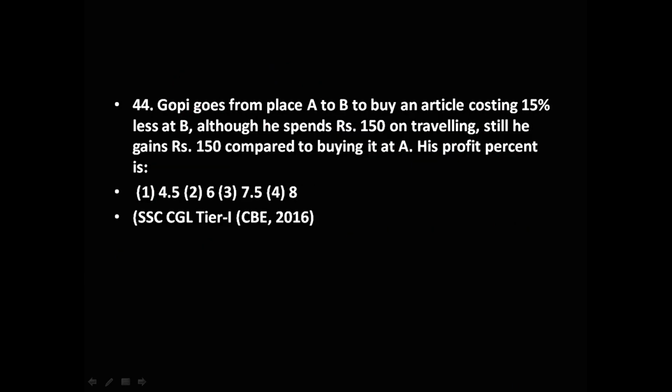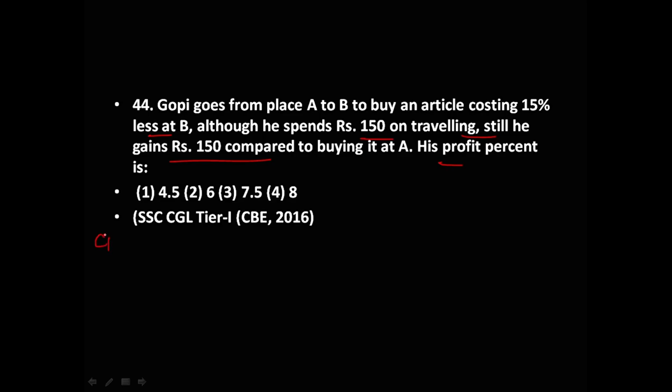So the next is Gopi goes from place A to B to buy an article costing 15% less at B. Although he spends 150 on traveling, still he gets a gain of 150 by buying. What is his profit percentage? So how can we do it?